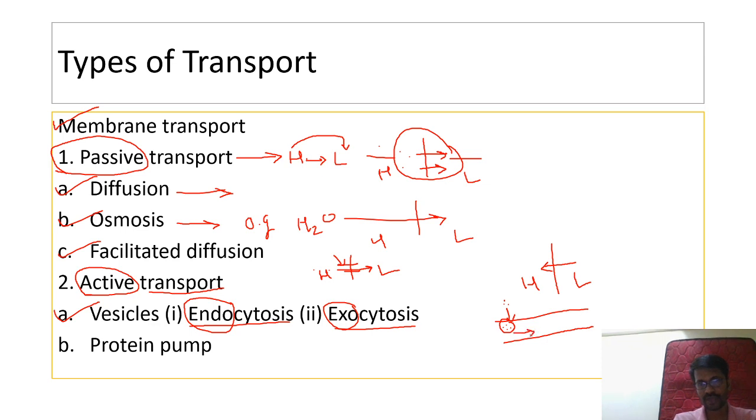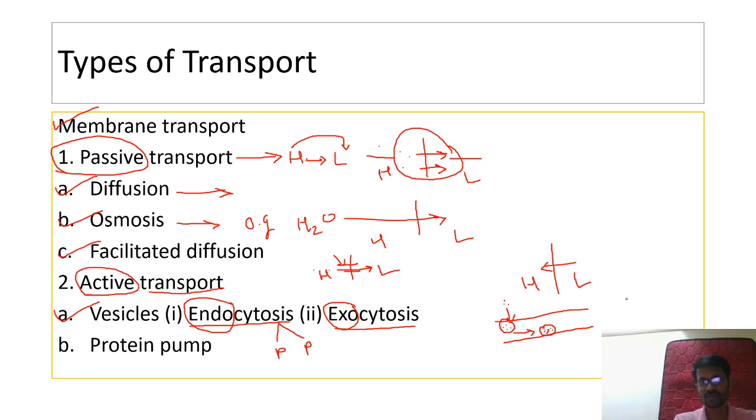One is formation of phagosomes, called phagocytosis, when the substance is a nutrient or food molecule or a microorganism. Another process of vesicle formation is pinocytosis. So there are two processes in endocytosis: phagocytosis and pinocytosis.